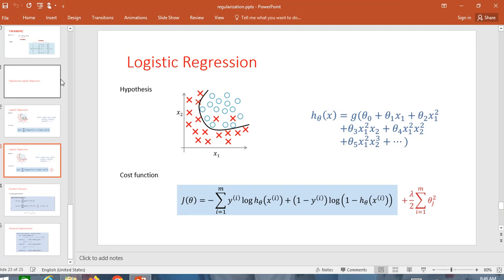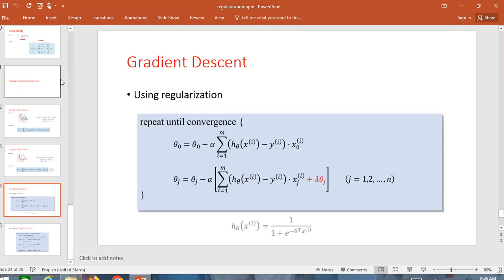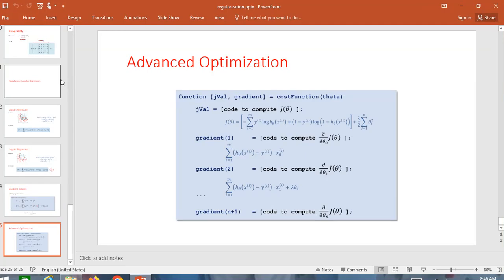We have already seen the normal equation, which was a closed-form method. Now we can do this regularization in the normal equation.